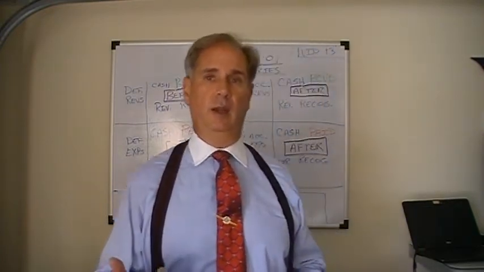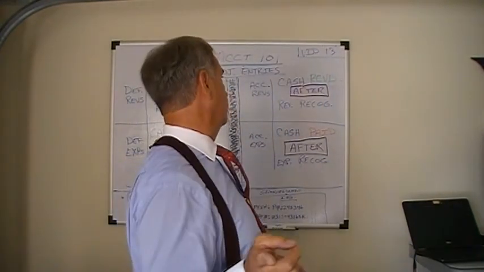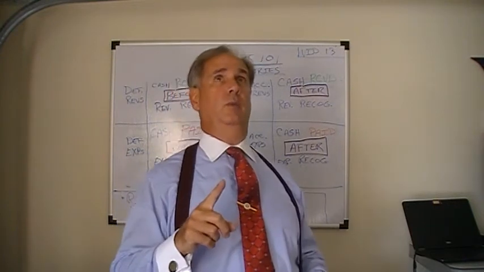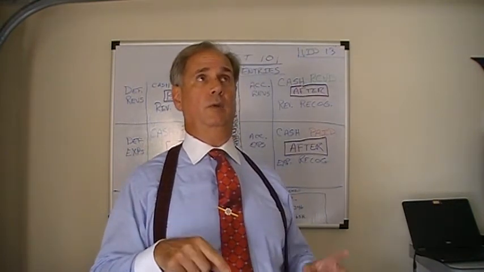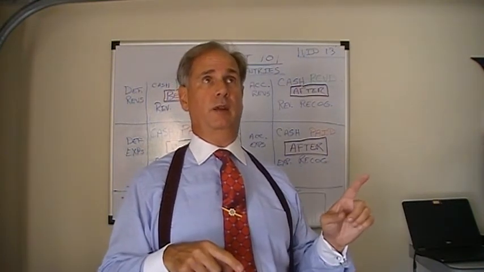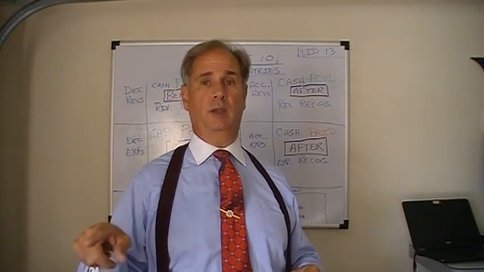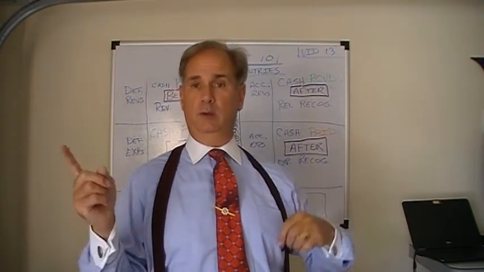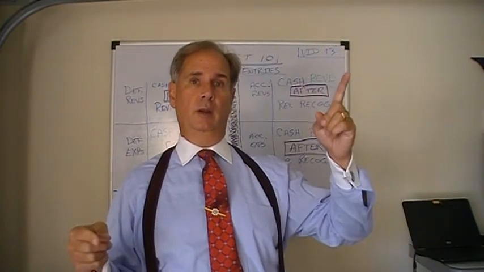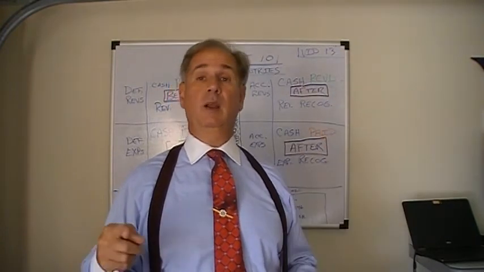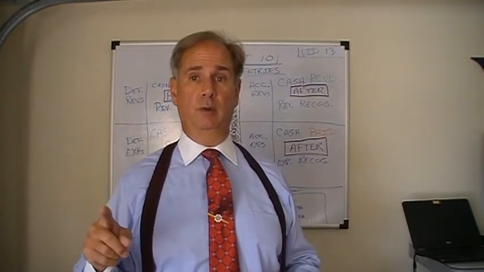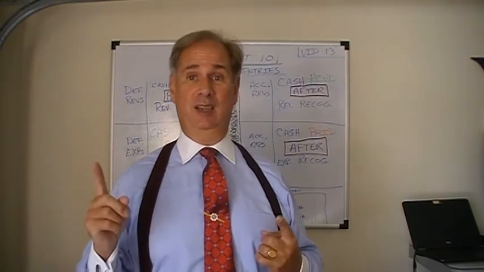The first entry will be, I will debit accounts receivable for $1,000, I will credit revenues for $1,000. Revenues is an income statement account. Accounts receivable is a balance sheet account. The first entry of an accrued revenue is the adjusting entry.